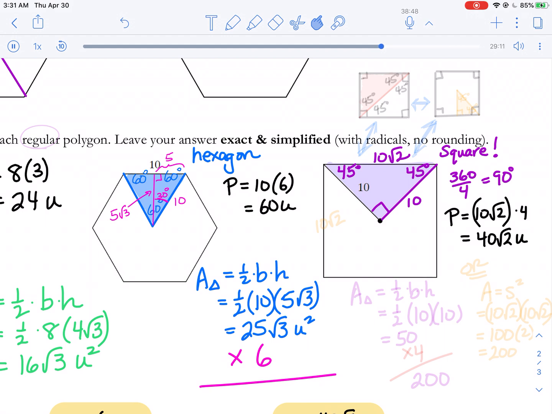So if you wanted to do the area of the triangle, what are the base and the height? 5 root 2, I know 10 root 2. Okay, so you're thinking like this base and this height, right?